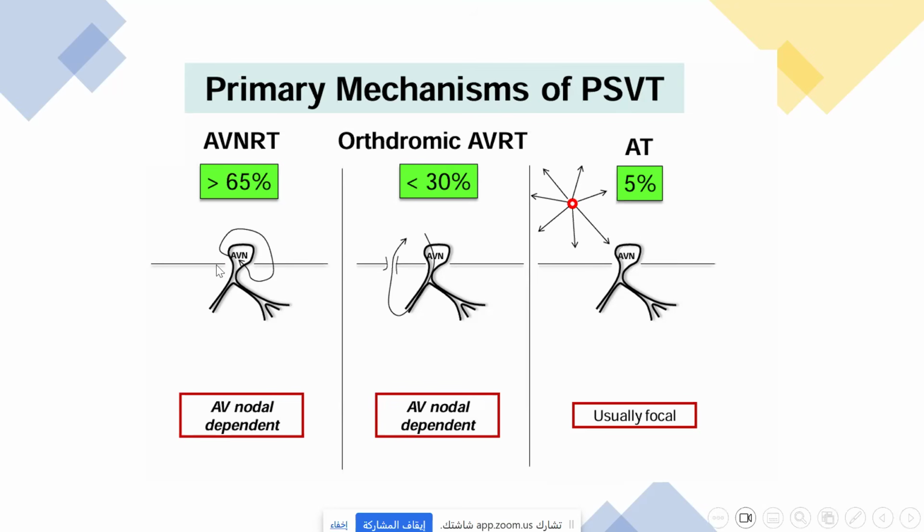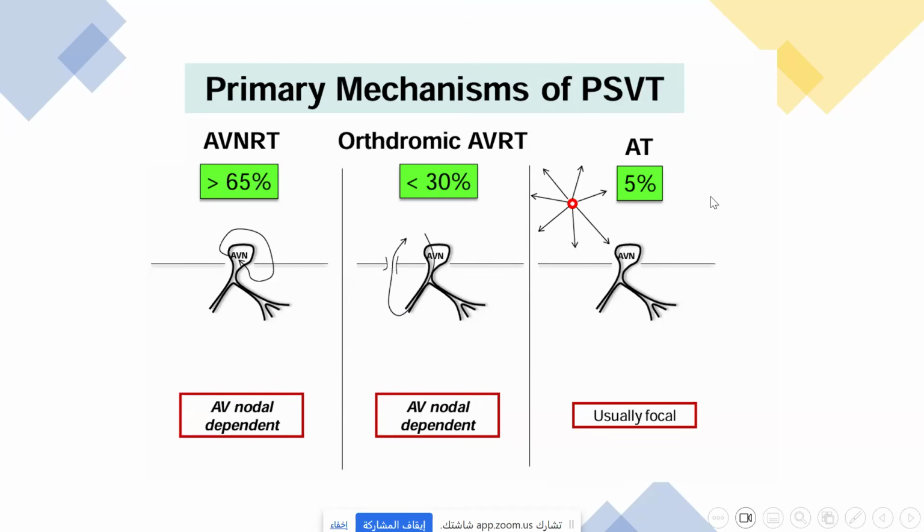The AV node is one part of the circuit. The orthodromic AVRT and the AVNRT have two pathways, one slow pathway and one fast pathway. In the orthodromic AVRT, the fast pathway is usually the accessory pathway, and the slow pathway is usually the ordinary conduction system, which is through the AV node. So both are AV nodal dependent tachycardias.